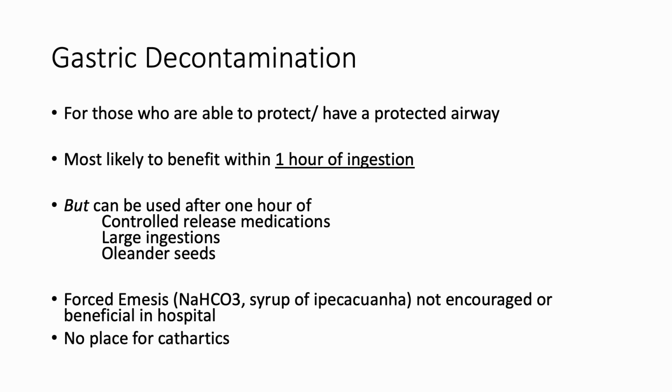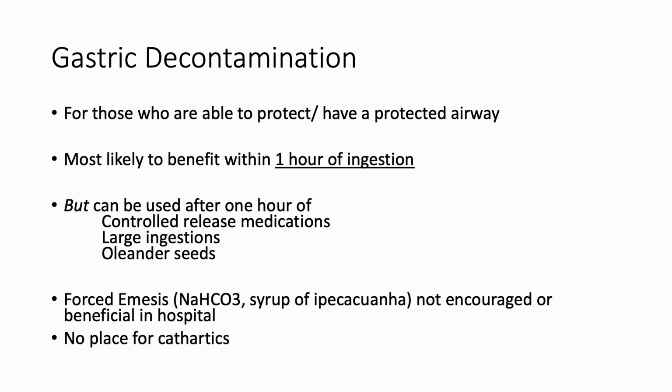Those are the ones who are able to protect the airways. If not, they need a protected airway in the form of an intubated airway, or you might have to use alternative means of protecting the airway, like an LMA, a laryngeal mask airway.